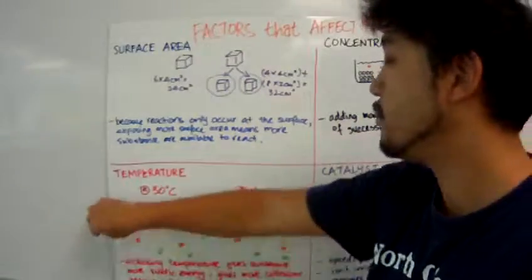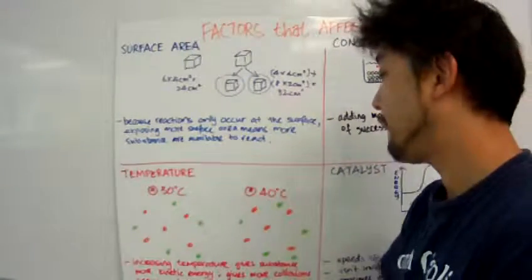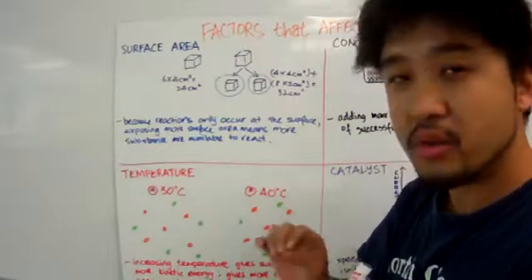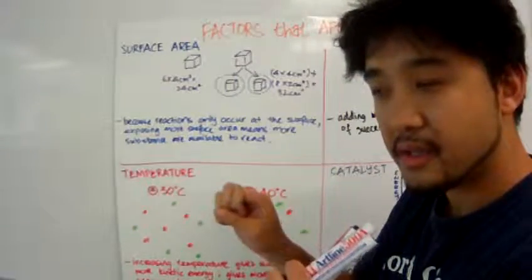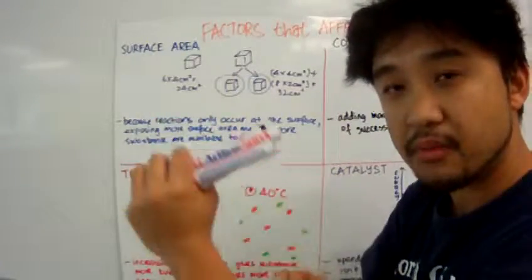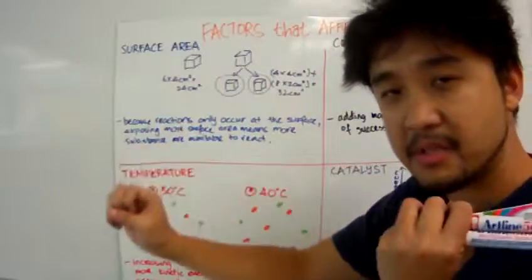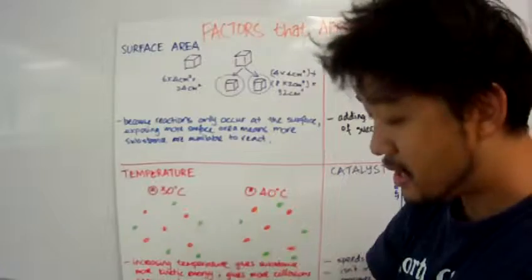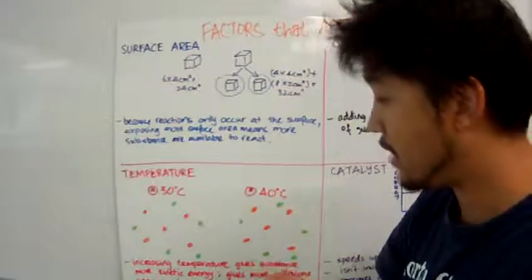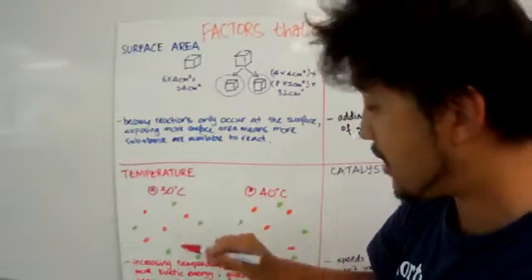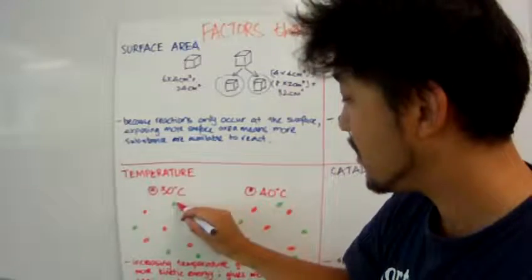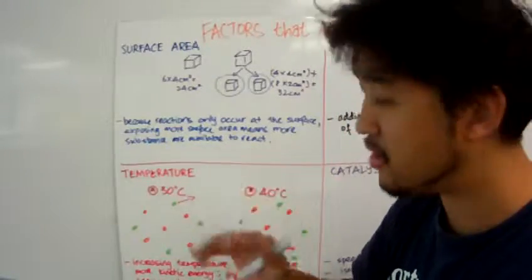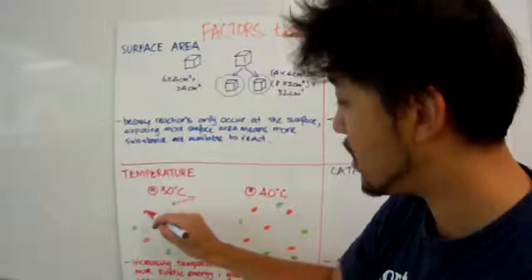Okay, moving on. Temperature. We all know that temperature affects the movement of particles, of the substances, the reactants, all right? For example, at 30 degrees, the substances will move at this speed. It's just arbitrary, but let's go with it.